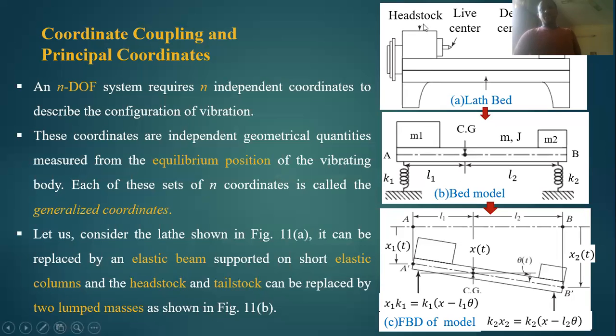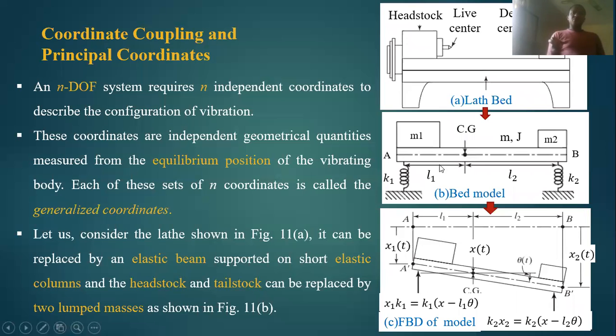The headstock part of the lathe bed is considered as mass M1, the tailstock part is considered M2, and the bed itself is considered as a horizontal member, what we call a beam. The short column, which supports the whole system, is considered as a column with the stiffness K1 and K2.